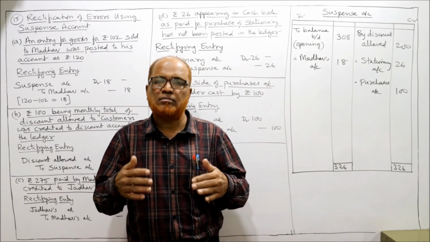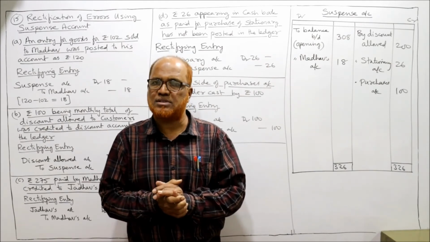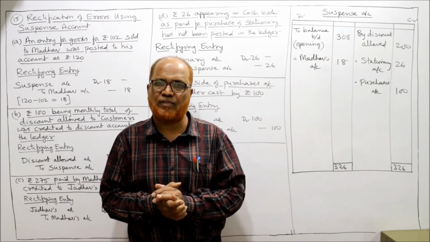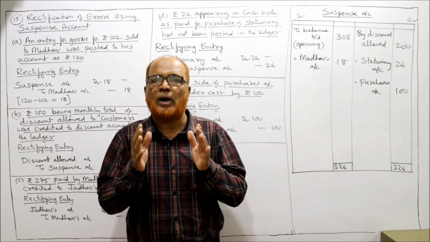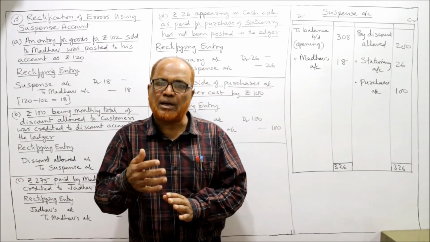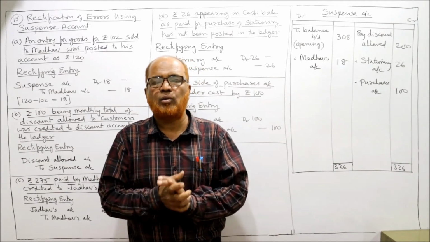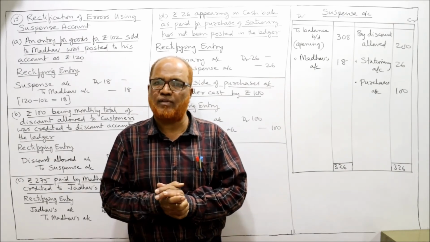So after doing so many problems, definitely you will get a command on this topic of rectification of errors. My suggestion to the viewers, if you are unable to understand in the first attempt, watch the video again. If you watch the video 2-3 times, then only you will get a good grasp of this topic.